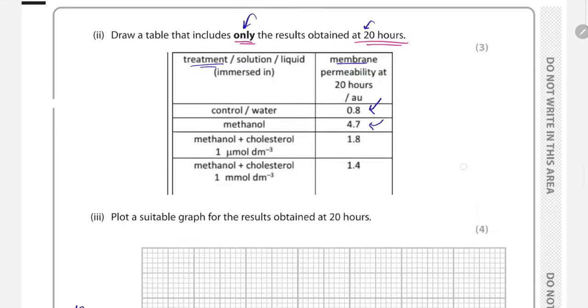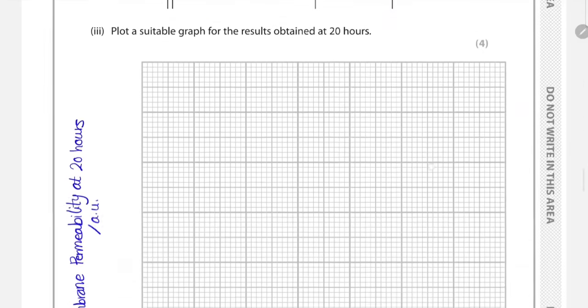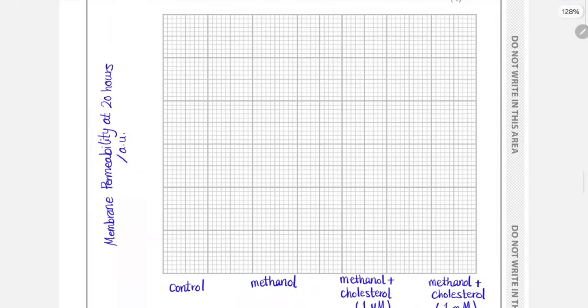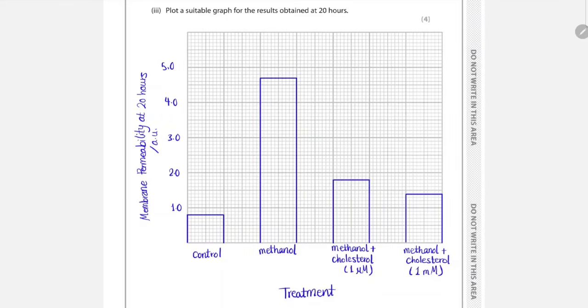So my scale could be using a scale of 1, increasing by 1, 2, 3, 4, 5. Yes, that would be suitable. So I could use 1 here, 2, 3, 4, and 5. Then place your bar charts accurately according to this scale. And here you go. This is how I would place my bar charts.